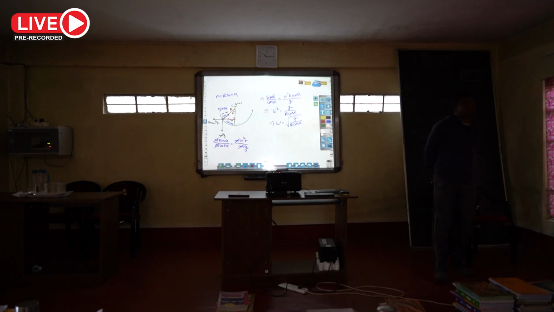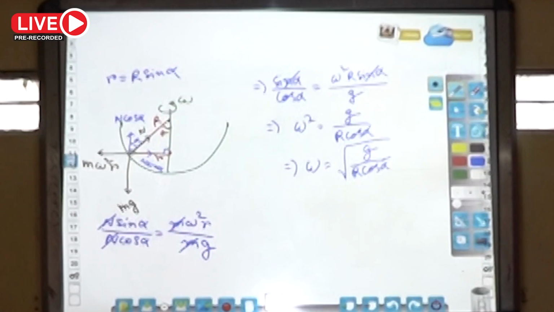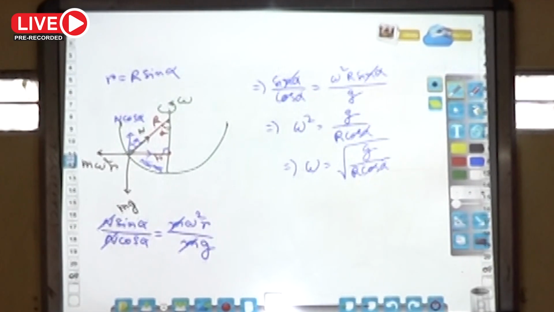Now this same problem can be solved without using the non-inertial frame. You can also consider that I am in the inertial frame and I want to solve the problem. Okay. Now in that case, if you view from outside, from the ground, the forces on the ball are only two forces. One is N, another is mg. M omega square r centrifugal you cannot write, because you are now in the inertial frame.